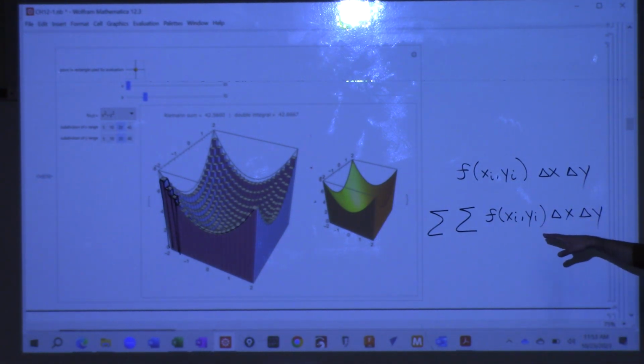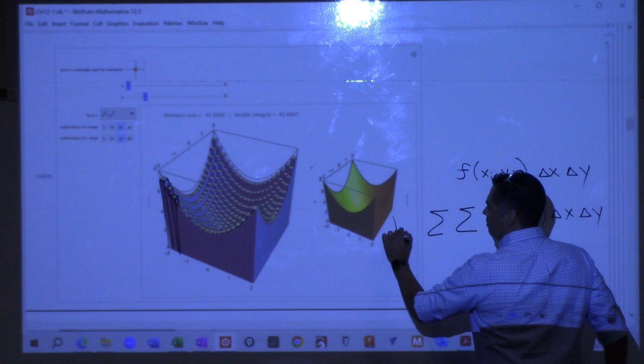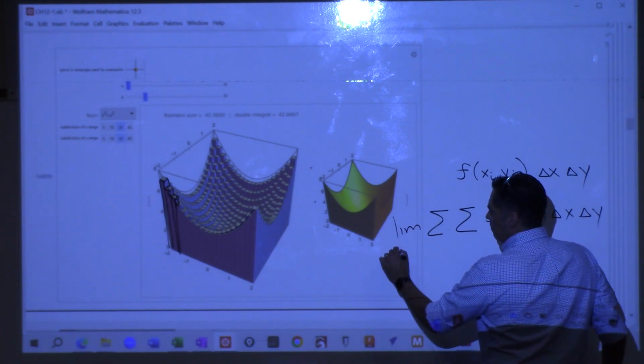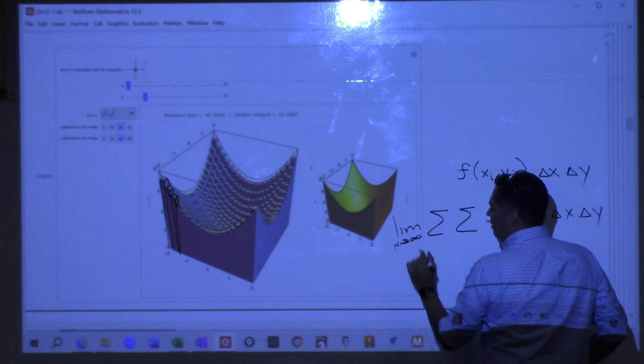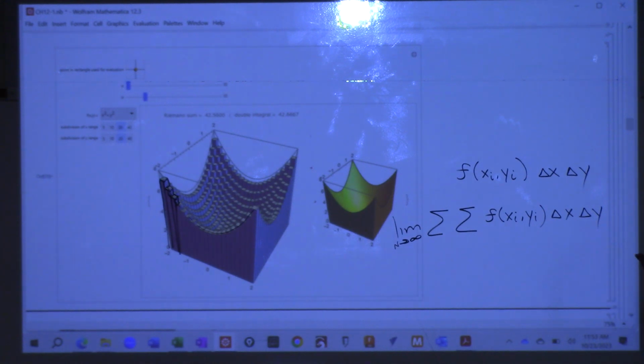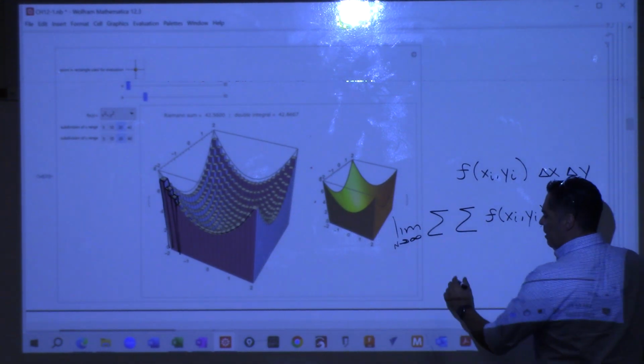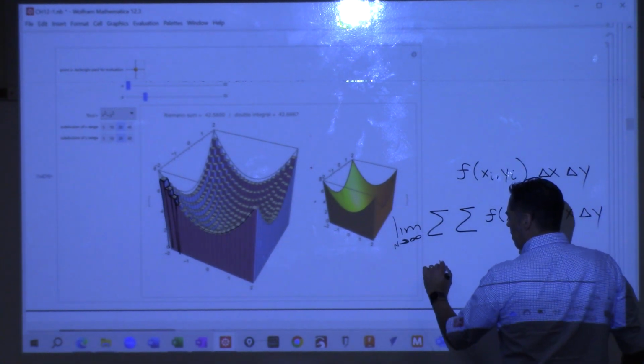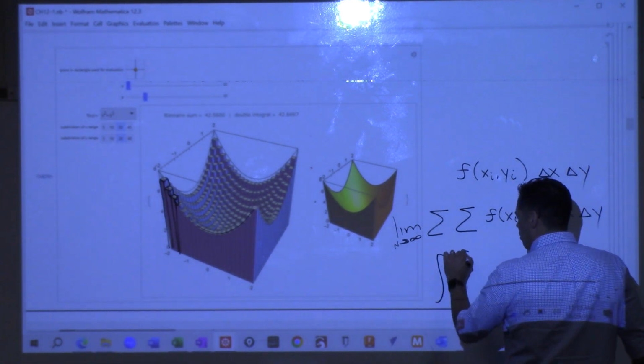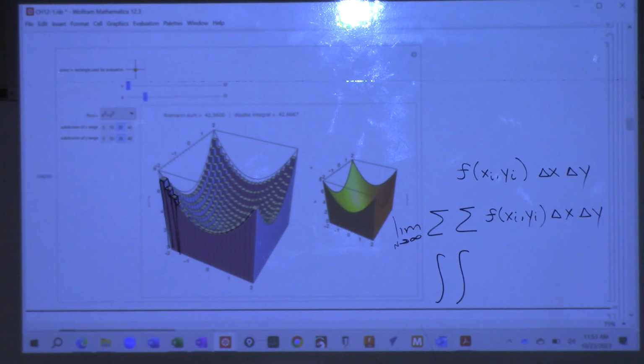How many of these do we want? How many blocks do we want there? Infinite. So I need to take a limit, right? Let the number of them go to infinity, something like that. And so the double summation means that when we take this limit, we're going to have a double integral, okay?